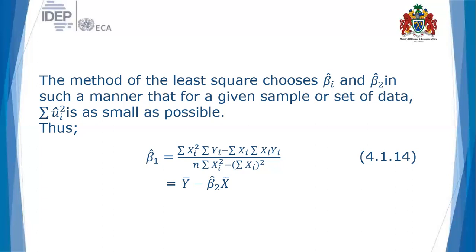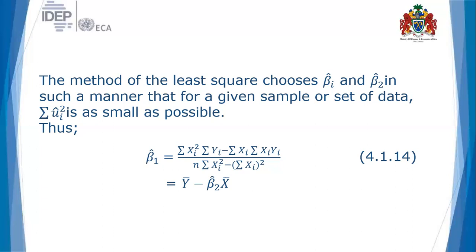Thus, beta hat 1 is estimated by this equation. Beta hat 1 is equal to the summation of x_i squared multiplied by the summation of y_i, minus the summation of x_i multiplied by the summation of x_i y_i, divided by n times the summation of x_i squared minus the bracketed summation of x_i, squared.